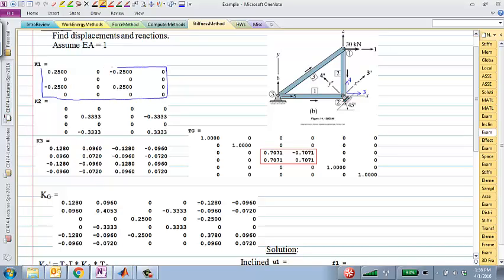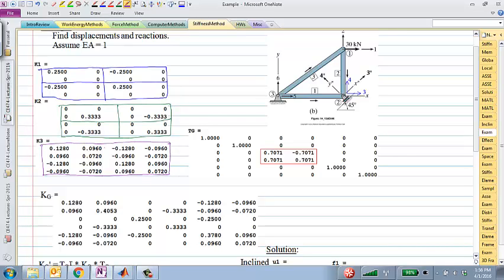So I have this 4 cross 4 global stiffness matrix for element 1. With green, I'll mark the element stiffness matrix for element 2, again a 4 cross 4. And with purple, I'll mark the element stiffness matrix for 3, which is again a 4 cross 4.